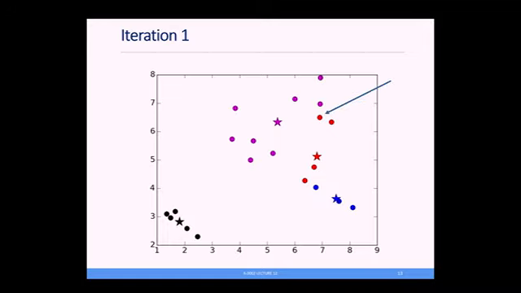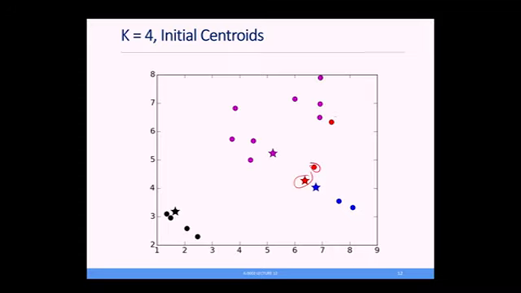And then I recompute the centroids. So let's go back. So we're here, and these are the initial centroids. Now, when I find the new centroids, if we look at where the red one is, the red one is this point, and this point. Clearly, the new centroid is going to move, right?